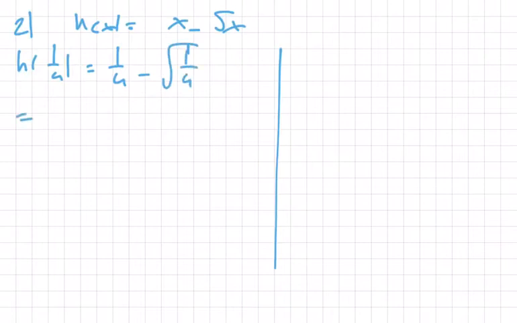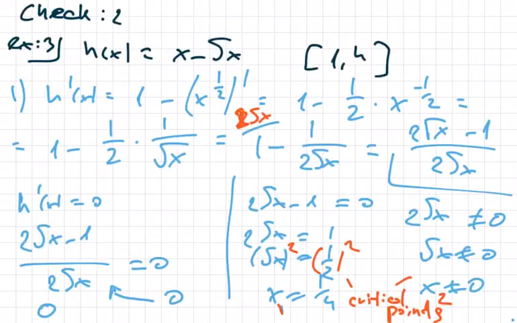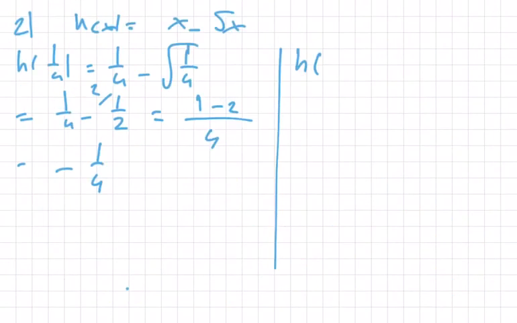It is equal to 1 over 4 subtract 1 over 2. The common denominator is 4: 1 minus 2, and it is equal to negative 1 over 4. The next is h of 0. It's equal to 0 subtract square root 0, which is equal to 0.